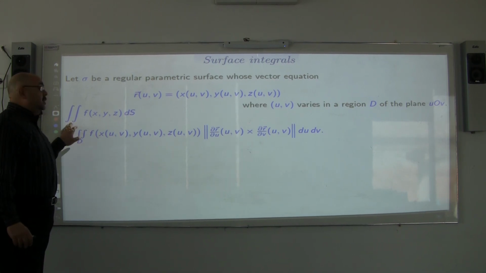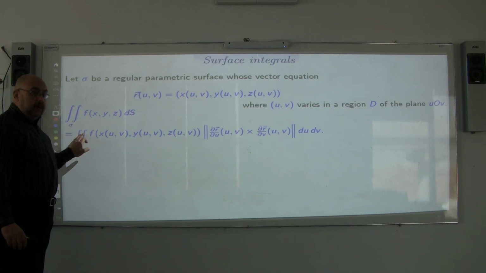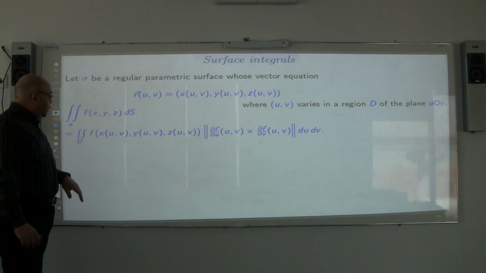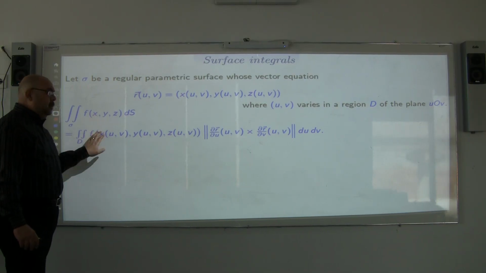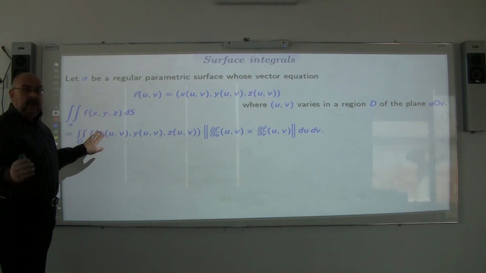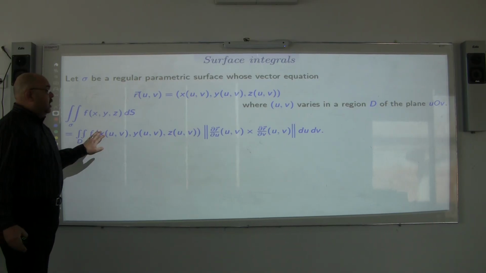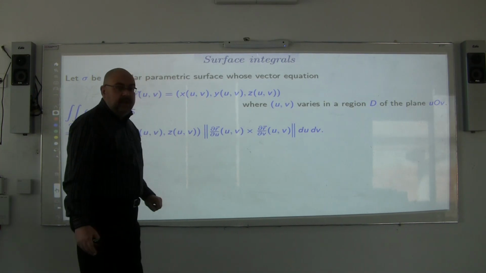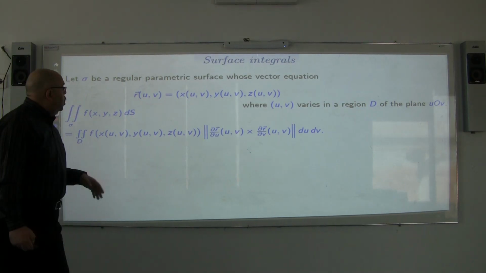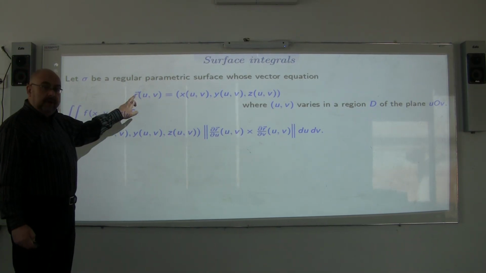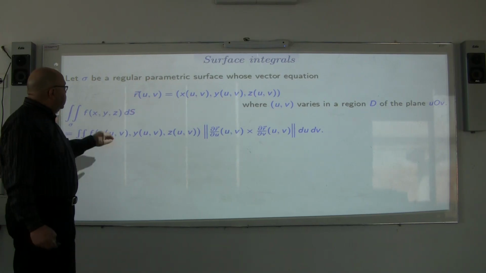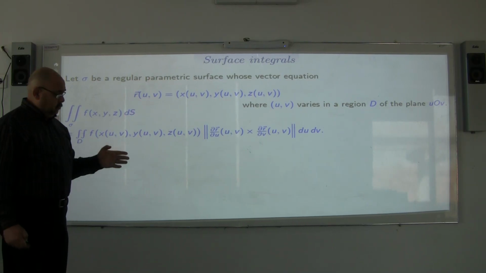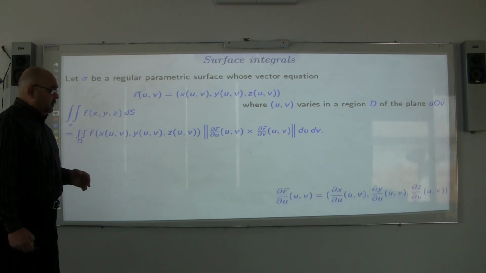Of course, this surface integration can be changed to a double integration simply by multiplying the function, after being parameterized in u and v, times the magnitude of the cross multiplication of the R components with respect to u and v, which is the n vector, or the normal vector on this surface.